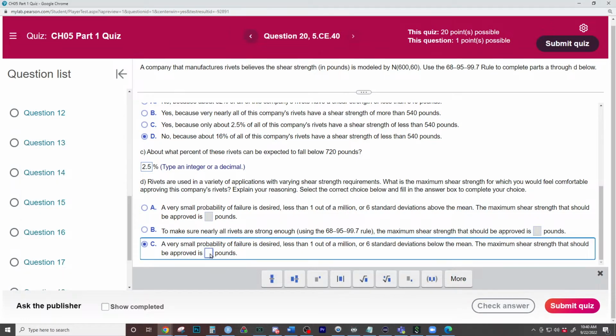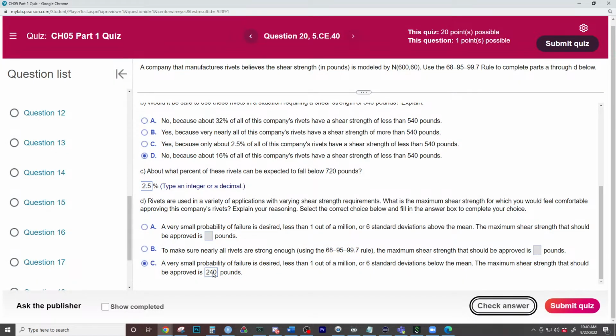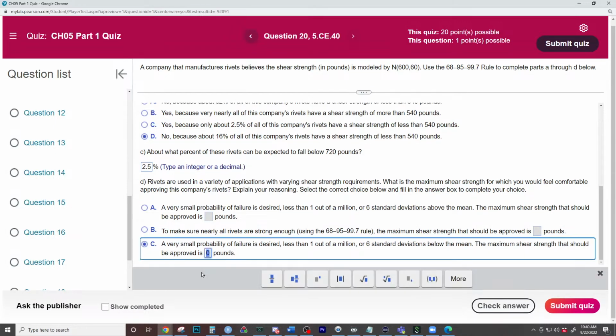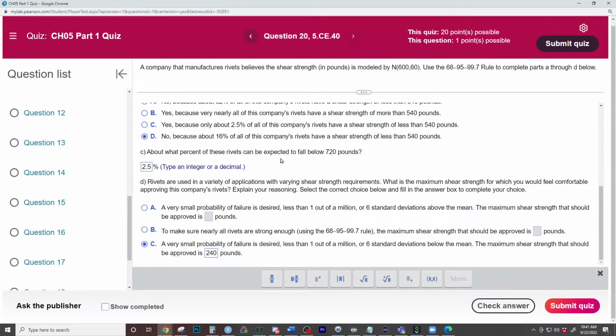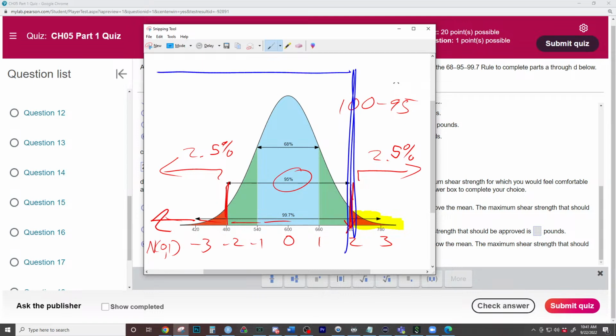There's a new question this semester. That should be right there. 75. Wait, what? Oh my gosh, what is up with me? That one's right. What did I do? Do you see it? What is the answer to the previous question? I made an error. I was getting ready for that last question.